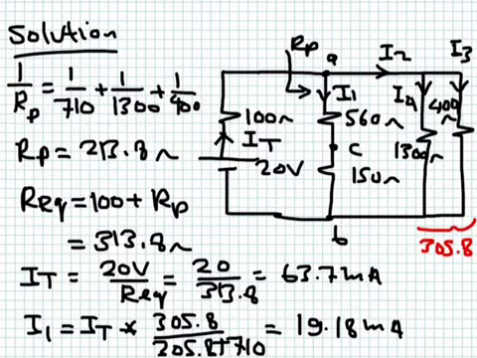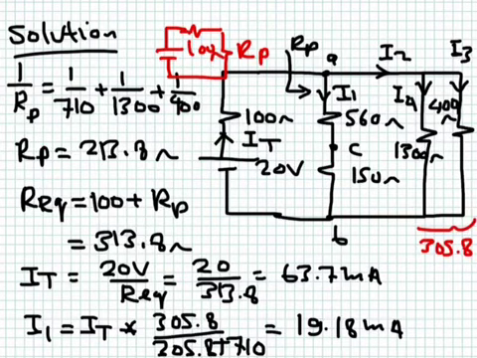So now this whole circuit can be replaced by 100 ohm in series with this RB. Maybe I don't have enough room here, but maybe I can draw it in this part. So this is really what I have right now. I have a source, I have 100 ohm, and it is in series with RB. Okay, this is 100 ohm. And this is my source, which is 20 volts.